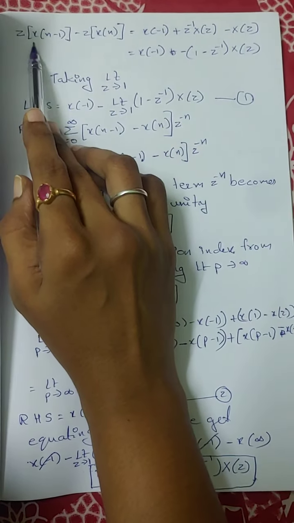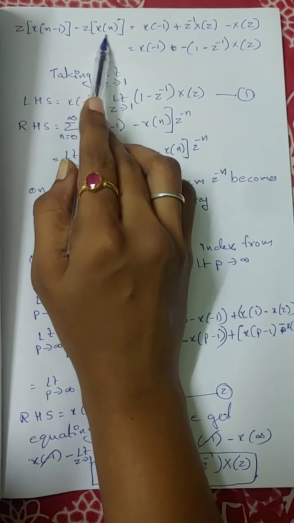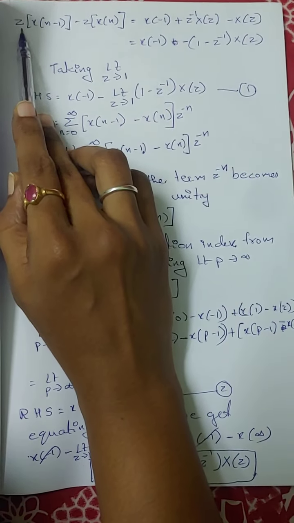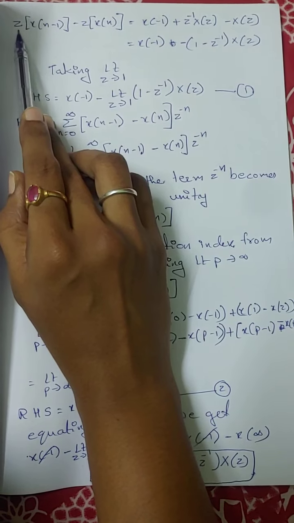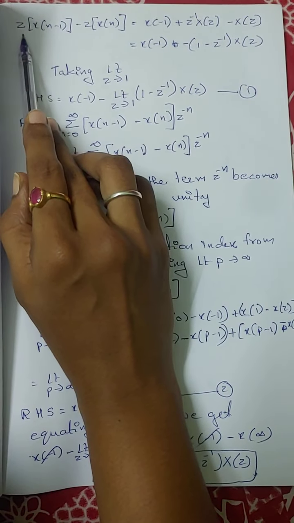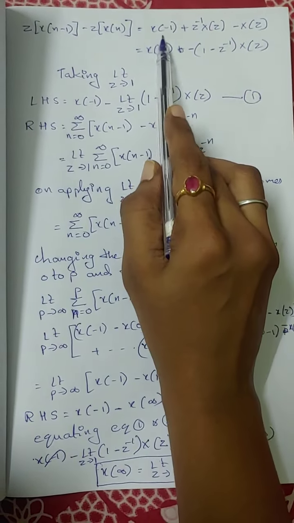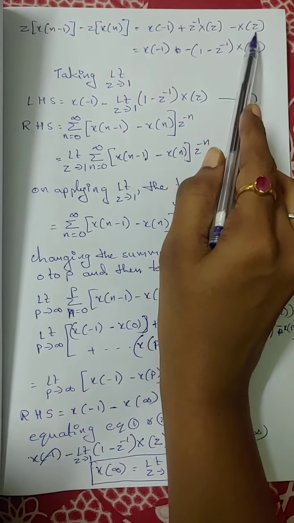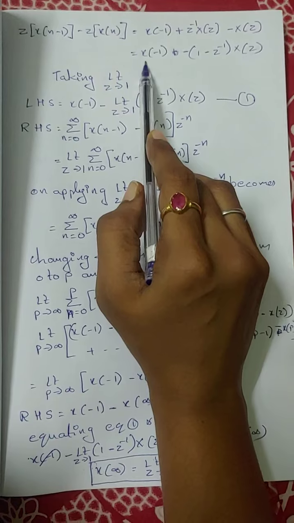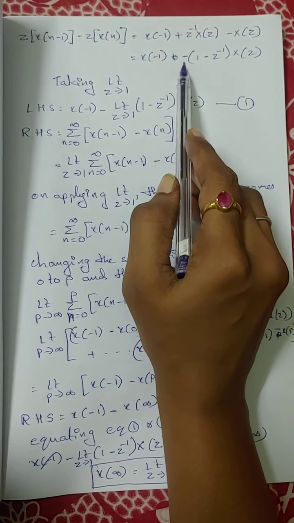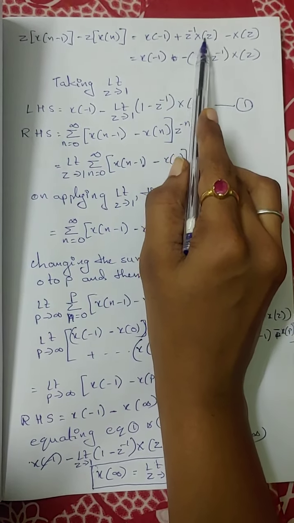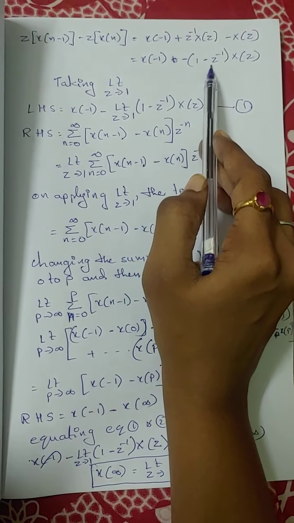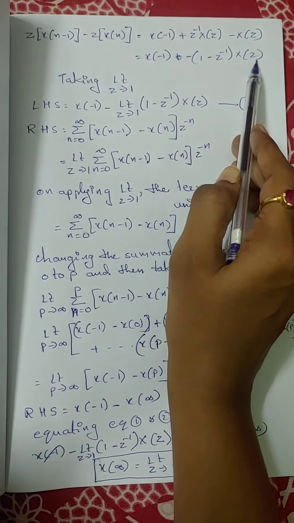So now the Z transform of x of n minus 1 minus x of n is equal to what? We have already found the Z transform of x of n minus 1, that is x of minus 1 plus z inverse X of z, minus X of z. That is x of minus 1 minus (1 minus z inverse) into X of z.